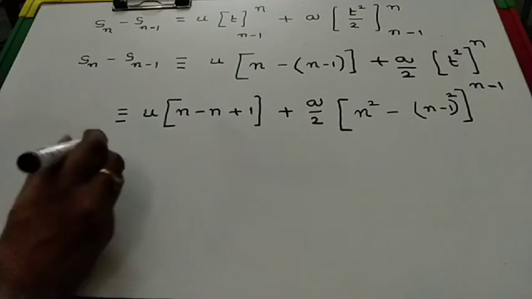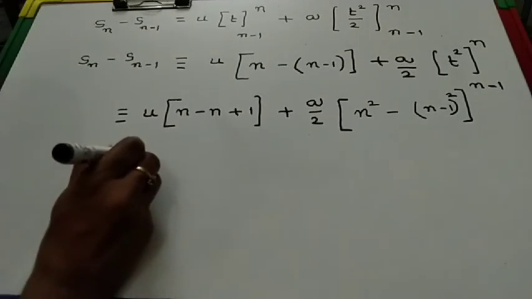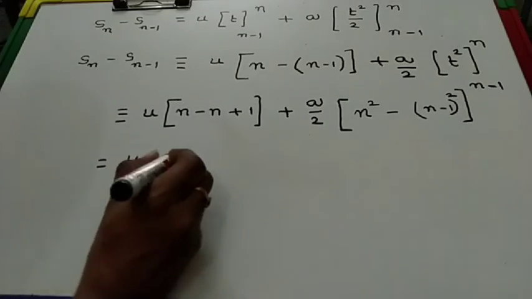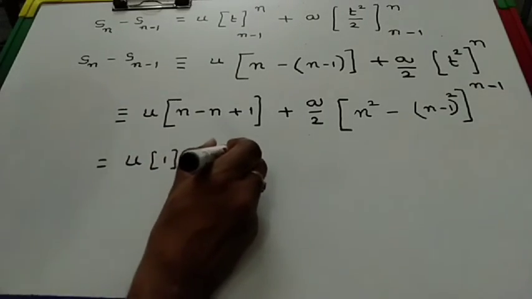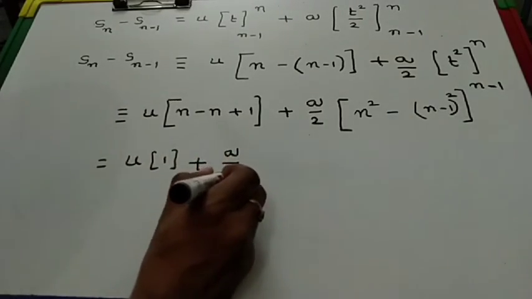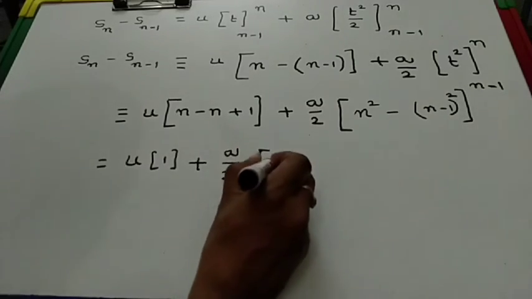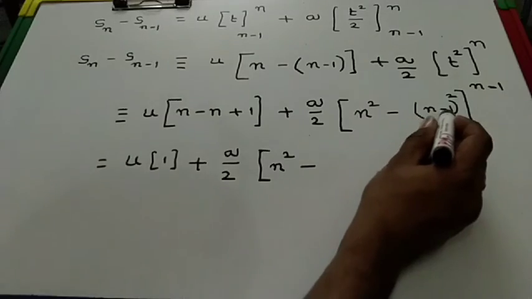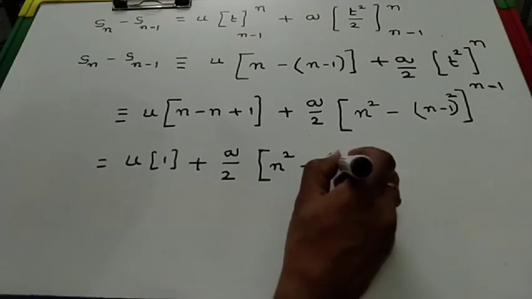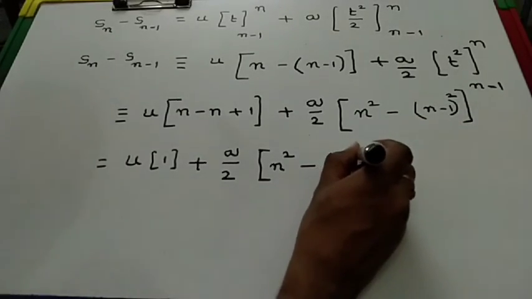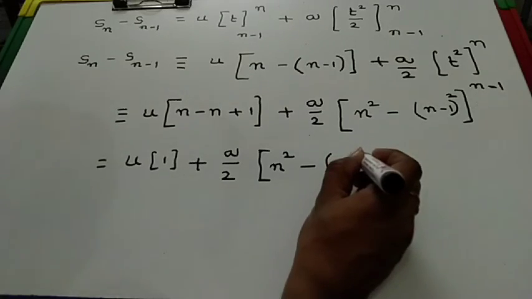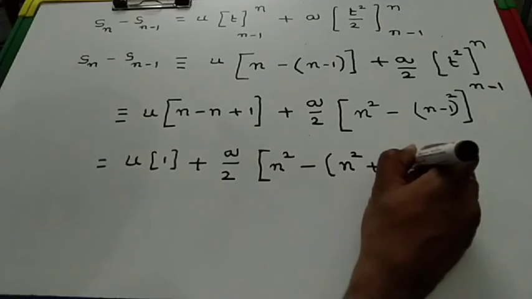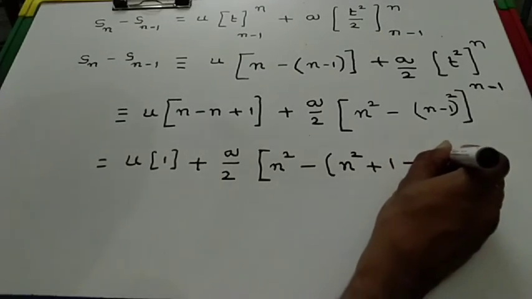Now that is equal to u, n cancelled, into 1, plus a by 2 into n square minus, a minus b whole square, that is a square plus b square minus 2ab.